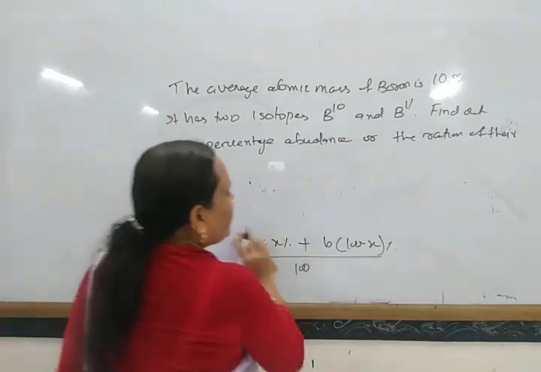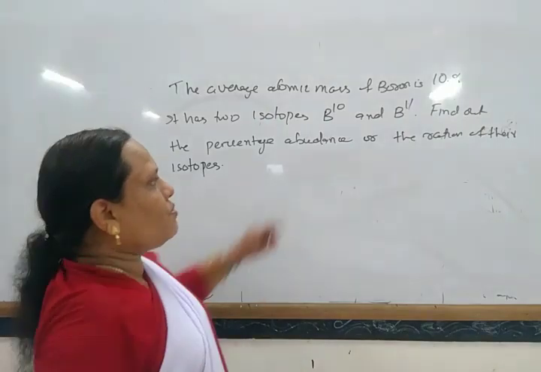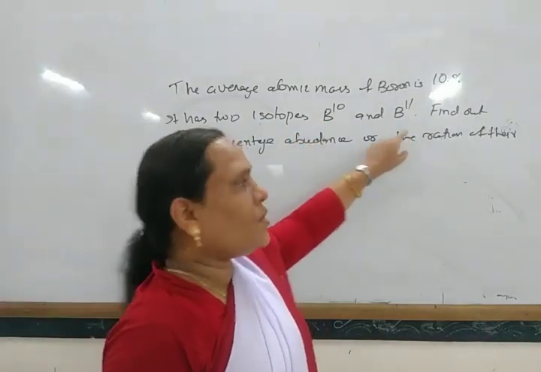Suppose there are two masses given, boron 10 and boron 11.